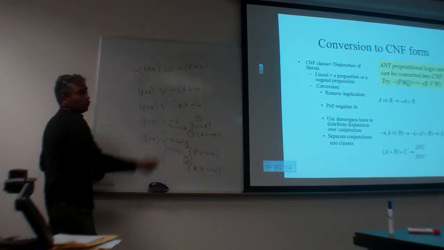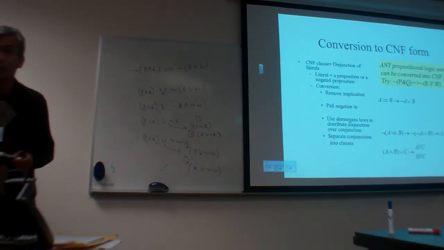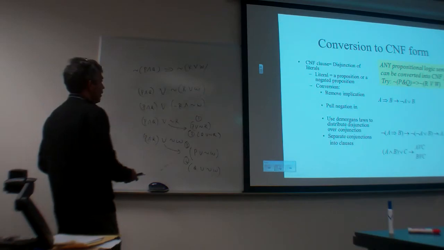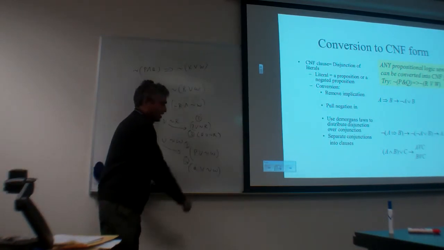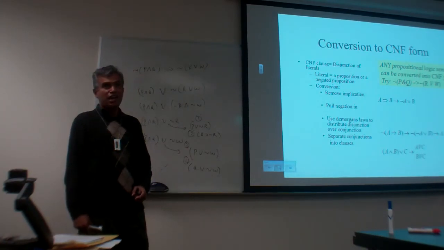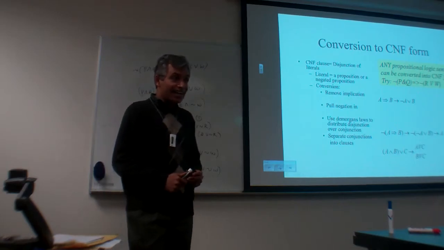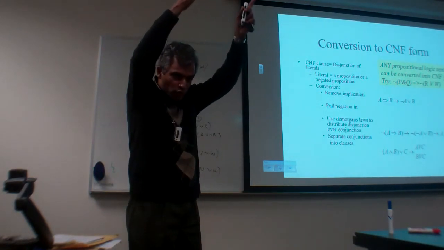Because there are 4 propositions, 2 to the power 4, 16 rows. Then in each of the rows, evaluate this entire formula and this entire formula, which is basically the conjunction of these, and show to yourself that those 2 columns are exactly the same.